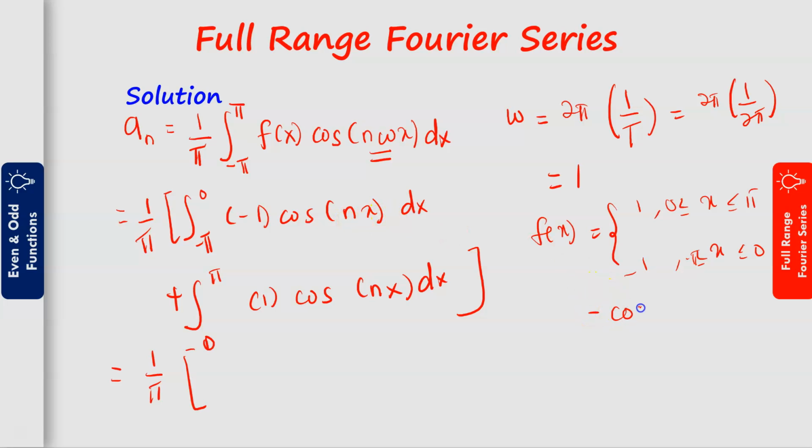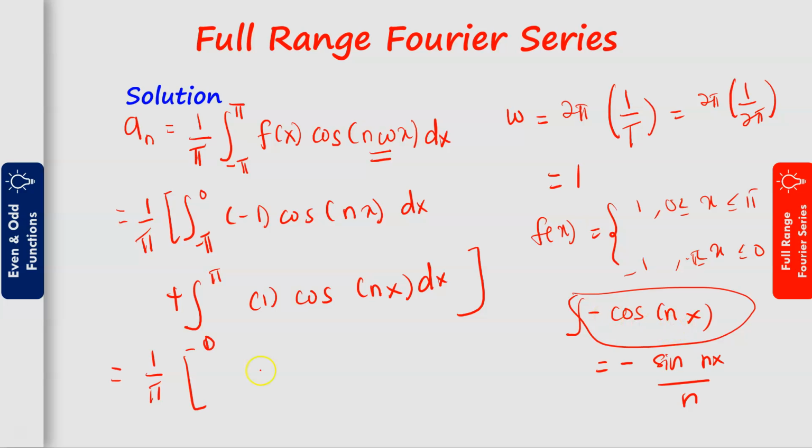Okay, negative cos nx. When we integrate negative cos nx, you will get negative sin nx over n. You integrate cos, you get sin. When you integrate cos of nx, you get sin nx, and you have to divide by n.